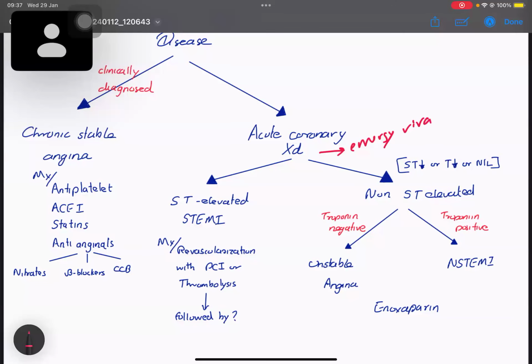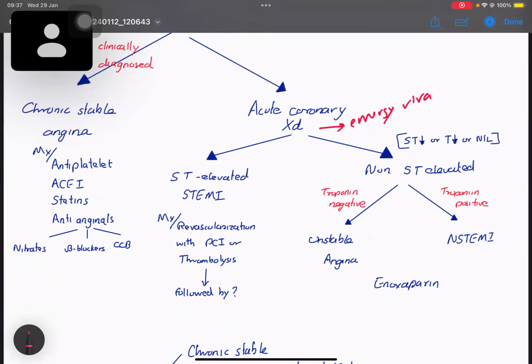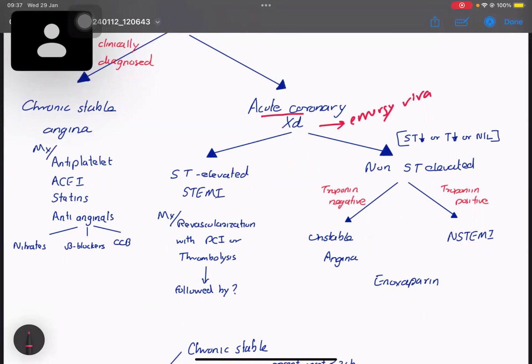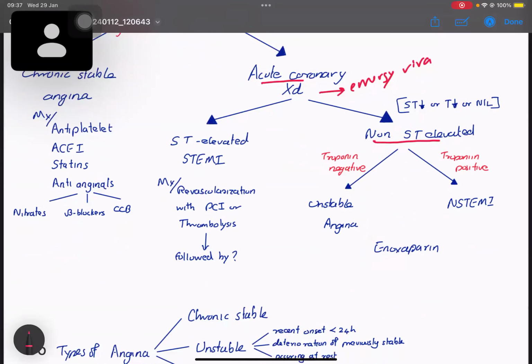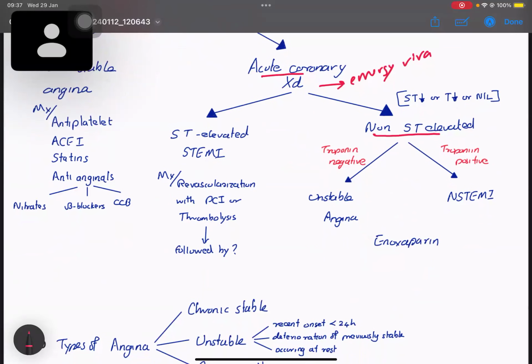In acute coronary syndrome, you have ST elevation MI, that means ST elevation myocardial infarction, as well as non-ST elevation situations. In non-ST elevation, in the ECG there will be ST depression or T inversion, or the ECG might be normal.